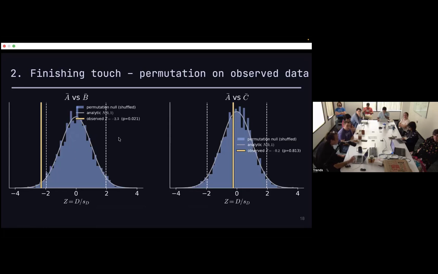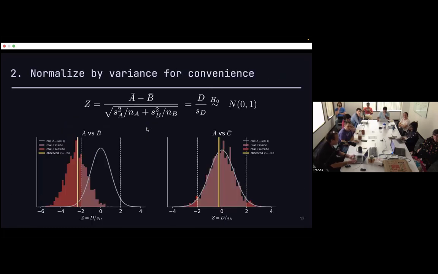To finish this test, we need to do permutation. This can be a little confusing, but the jump from the previous slide to this slide is something like this. Here I'm showing the distribution of sample means. I'm sampling my data set many times, and I'm showing you the distribution here. In real life, you probably have only one data set, and you want to figure out if there is something inside this data set.